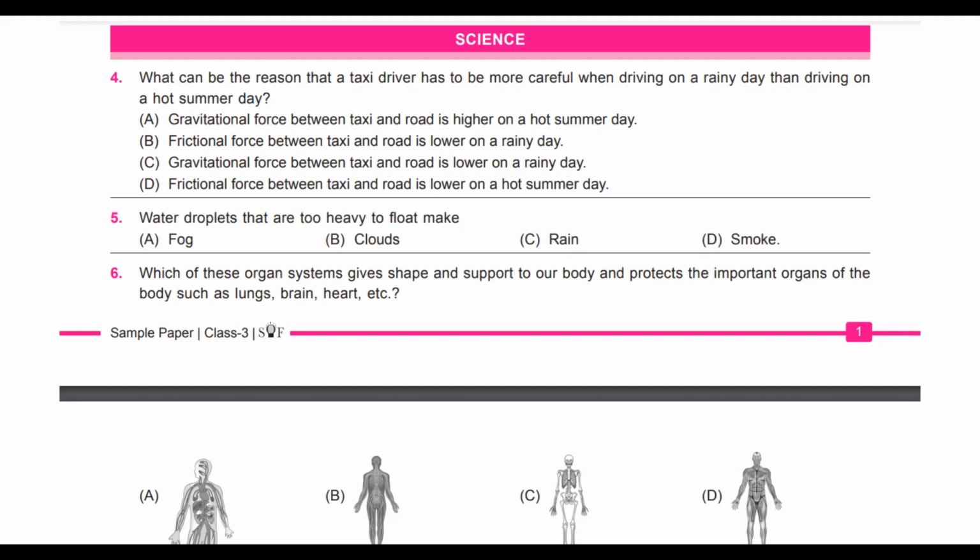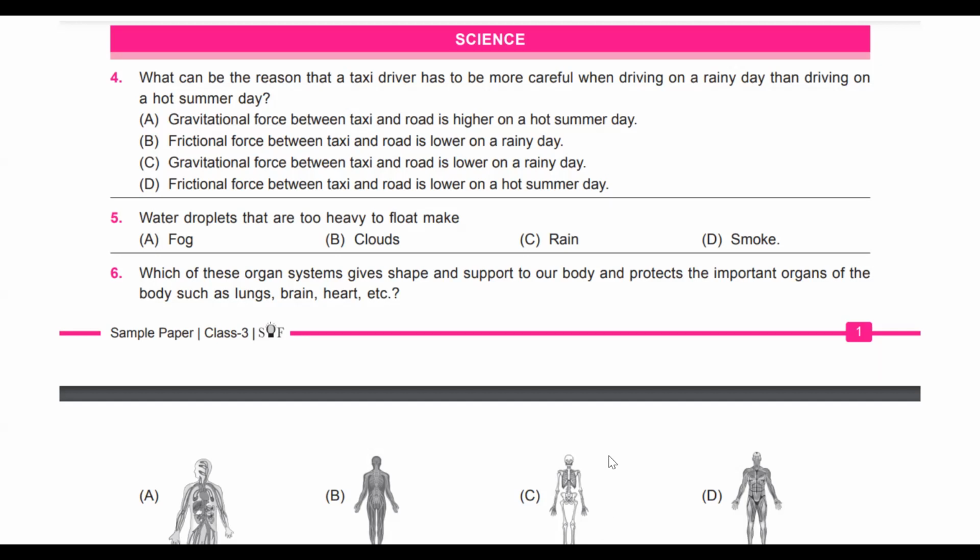C. See, rain, because rain is heavy, it comes down. Fog and clouds don't have weight, they are in the sky floating. Smoke also doesn't come down. Rain only comes down, no?